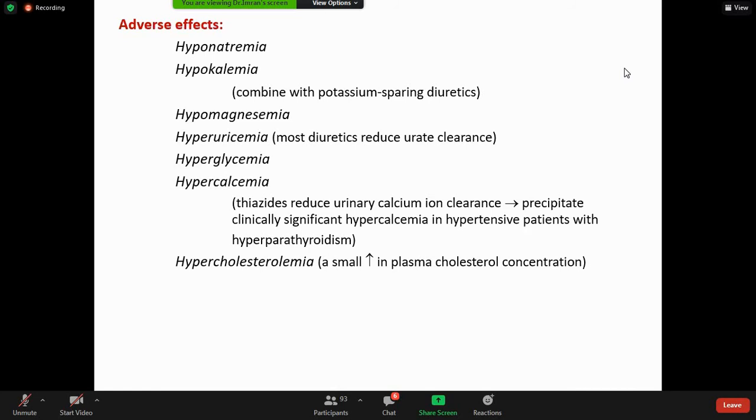Hypokalemia: combined with a potassium-sparing diuretic, it may cause hypokalemia. It also increases the excretion of potassium. Hypomagnesemia. Hyperuricemia, right? Why? Because these diuretics reduce urate clearance.